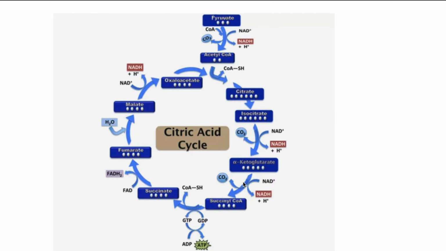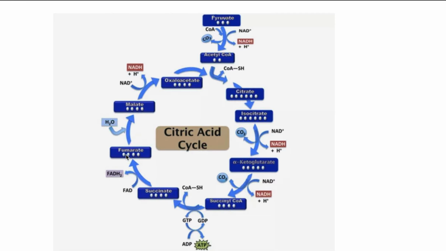We have 5 carbons. Then again decarboxylation of 1 carbon in the carbon dioxide, we get a 4 carbon molecule called succinyl coenzyme A. Then after the release of coenzyme A, we get succinate.